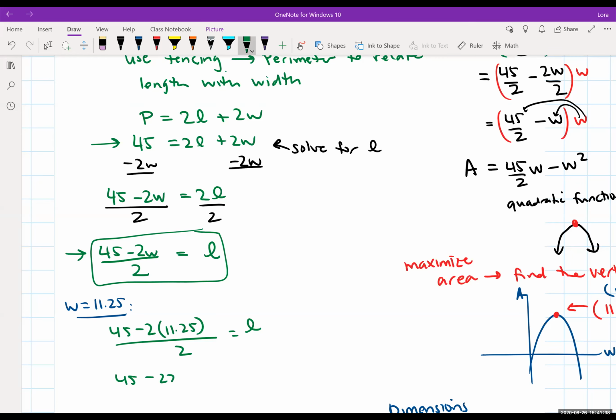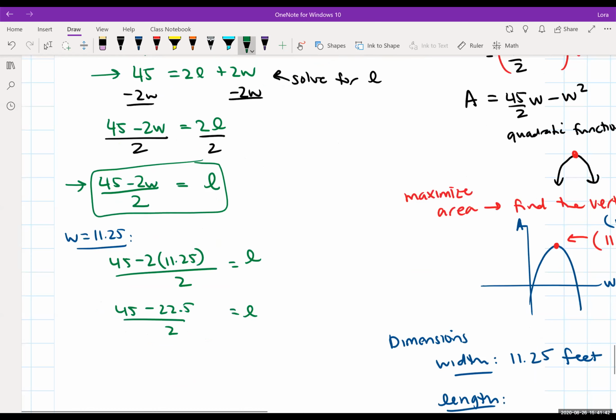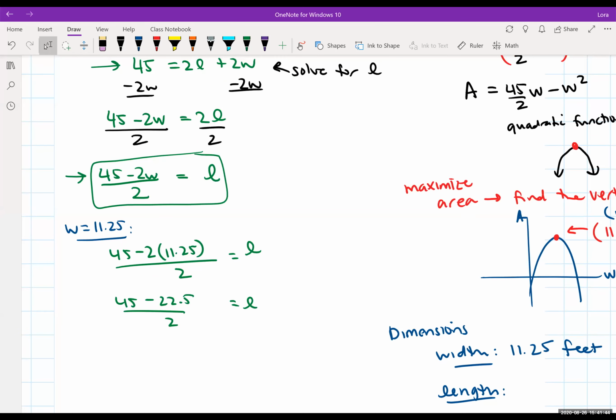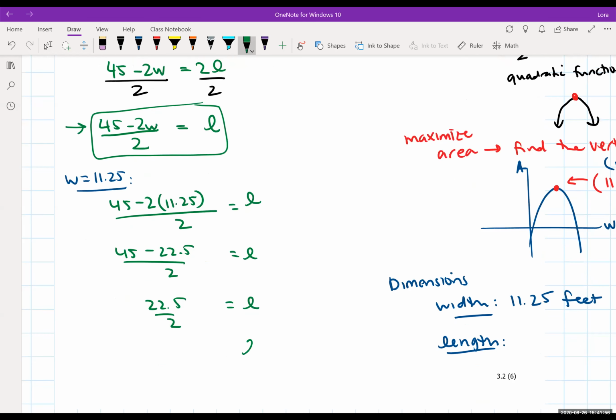That's 22.5 all over 2. I'm saying, okay, 45 minus 22.5, 22.5 over 2. Really, we want to see this, divide by 2. And look at that. The length is 11.25 feet as well.